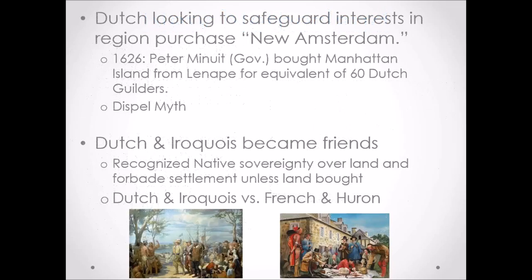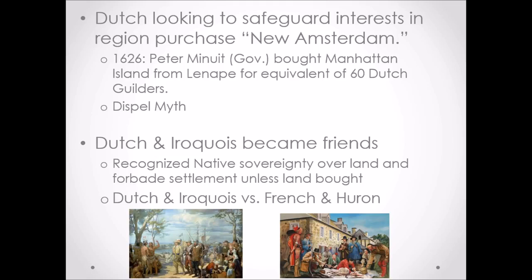So with these interests now in the New World, the Dutch are looking to safeguard those interests, and in hopes of that, they're hoping to purchase New Amsterdam, and New Amsterdam is essentially Manhattan Island of today. In 1626, you have, again, Peter Minuit, actually before he moved down to New Sweden to settle down there.